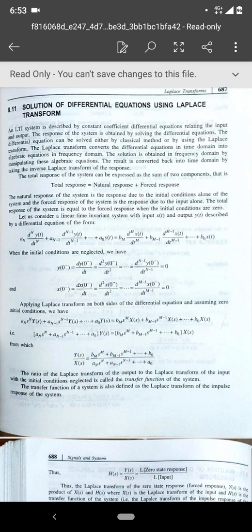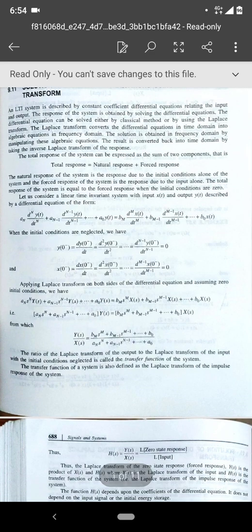It can be distinct, it can be repeated roots, or the roots can even be complex. For all those cases, we have seen separate methods to find the residues of such roots, and we have easily found the inverse Laplace transform given the ROC of the system. So today we'll see how to solve a differential equation.